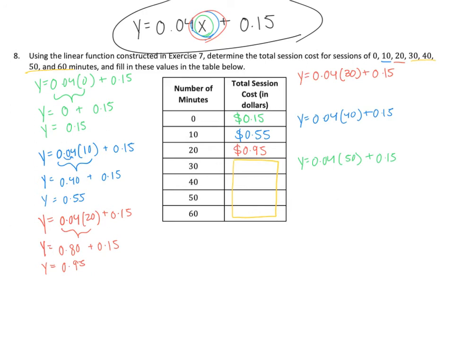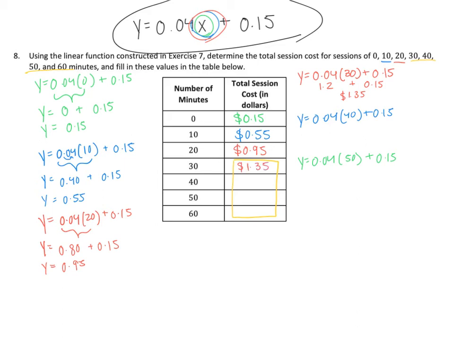All right, going over these, when we do 0.04 times 30, for finding the fee that it's going to cost for 30 minutes of use, we get 1.2, and then we're adding this 0.15. We should get $1.35 for 30 minutes. Okay.